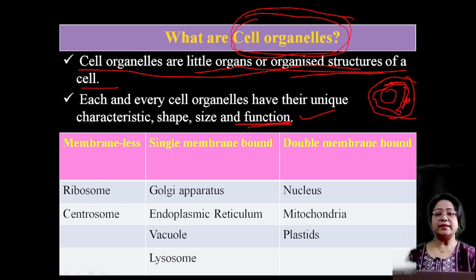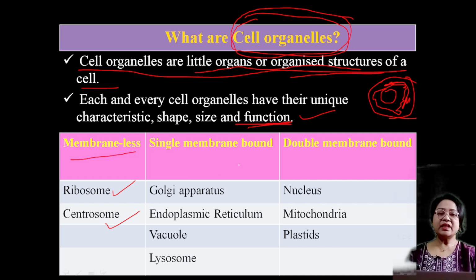Okay, so let us see whether these cell organelles are membrane bound or not. There can be membrane-less cell organelles also, that means they do not have a membrane. Those are ribosomes and centrosome. Centrosomes are also called centriole, which helps in cell division, and ribosomes we already studied in the previous diagram.